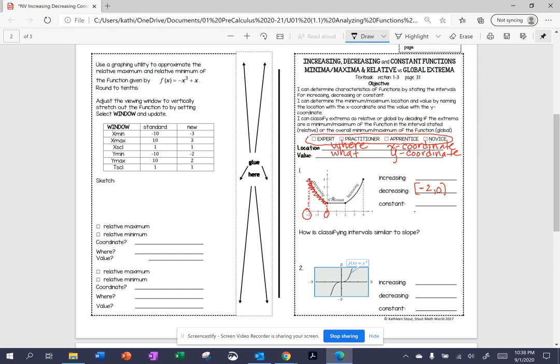So constant is this section here. So I want to know, where do I begin and end? So I'm beginning at 0. I'm ending at 2. And since I'm also attached to other descriptions, I don't include 0 and I don't include 2, so I use parentheses.